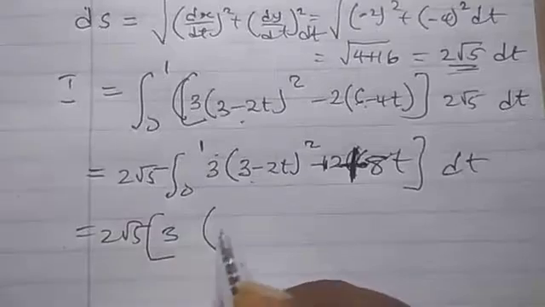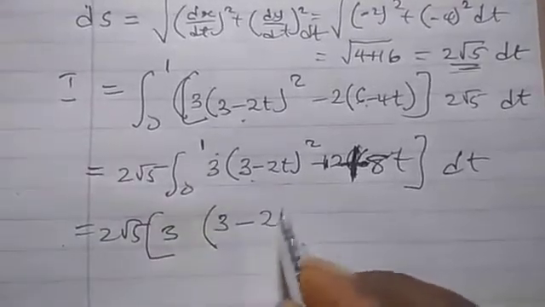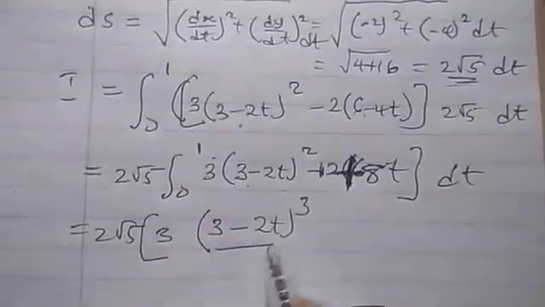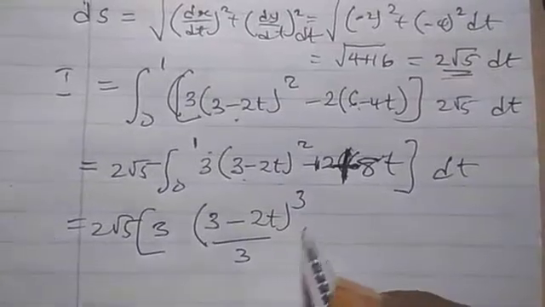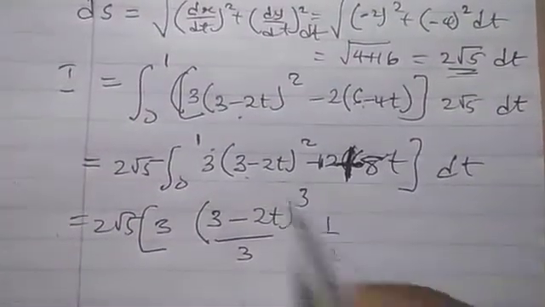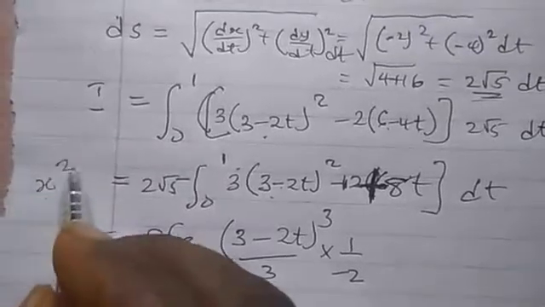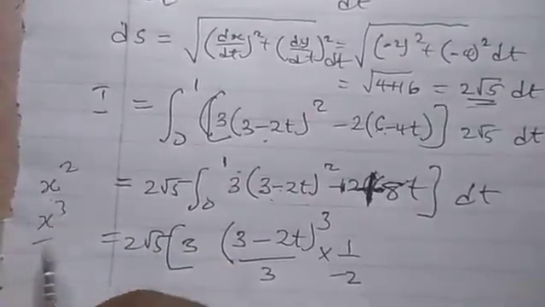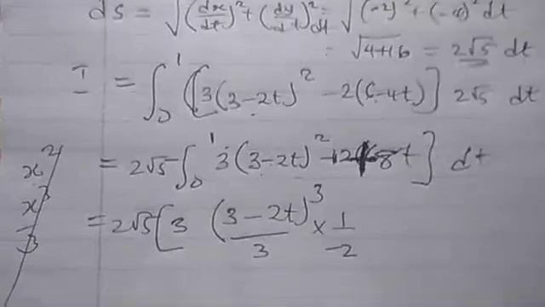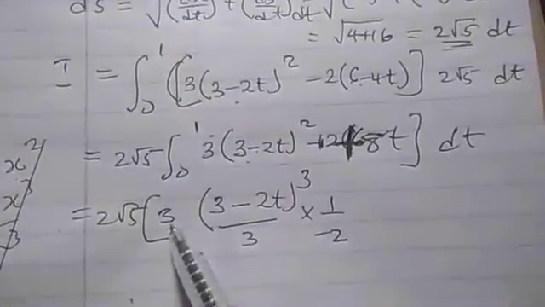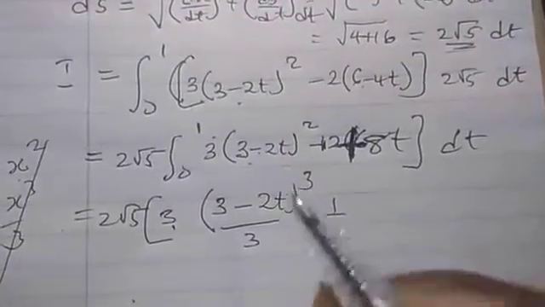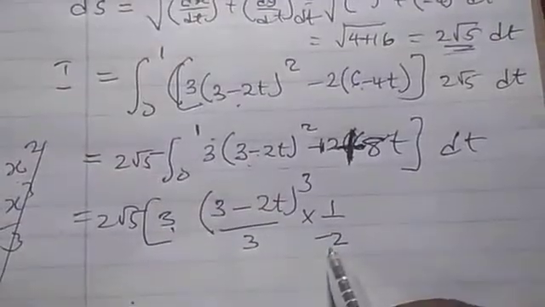When we integrate this, we have 3 minus 2t raised to power 3 over 3 times 1 over minus 2, just like you are integrating x raised to power 2. That will be x raised to power 3 over 3. That is why we have this. This 3 is constant. So also, how do we get this minus 2?